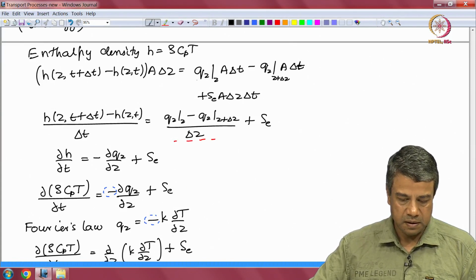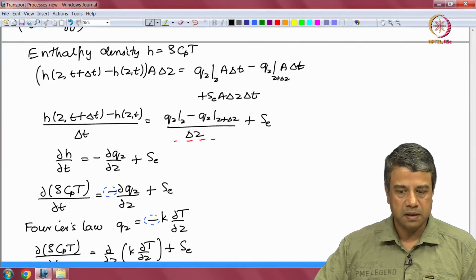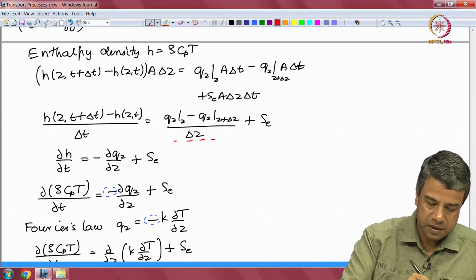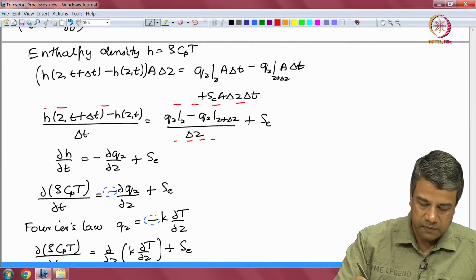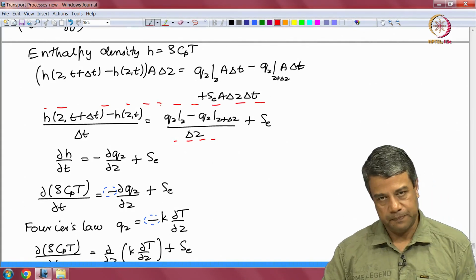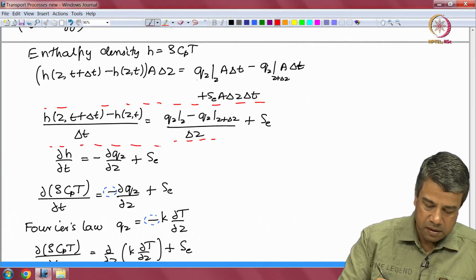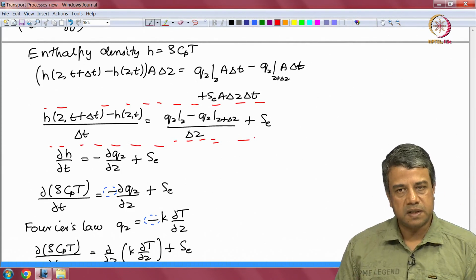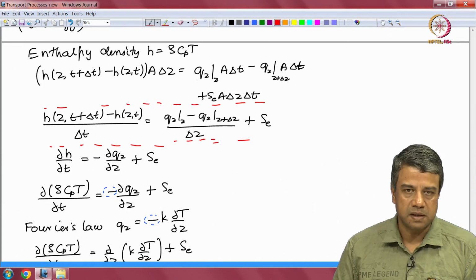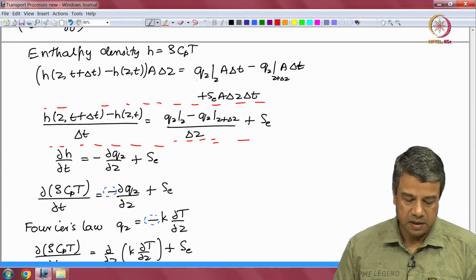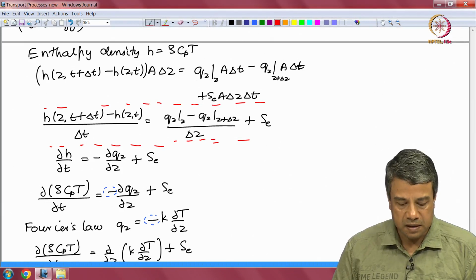So, I get the balance equation, divide throughout by volume, divide throughout by time, to get a difference equation for the time t and t plus delta t, location z and z plus delta z. And take the limit.